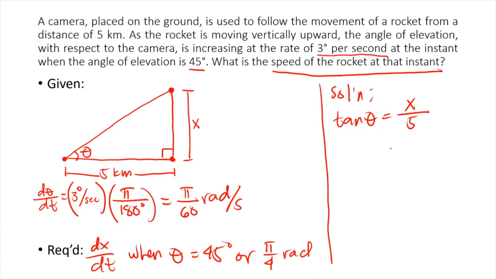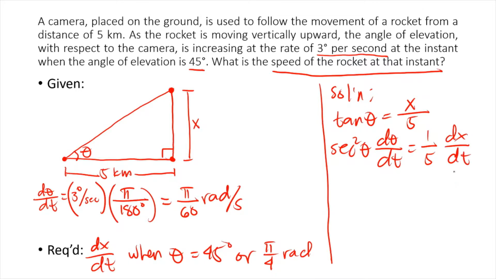Next, we differentiate implicitly with respect to time. So the derivative of tangent of theta with respect to time, the derivative of the tangent function is secant squared theta times d theta dt, equals 1 over 5 times the derivative of x with respect to time, that's dx dt.